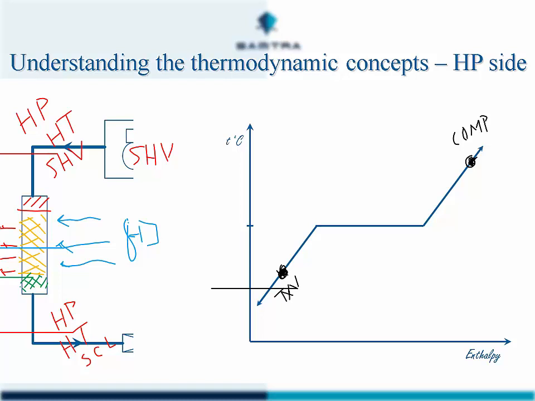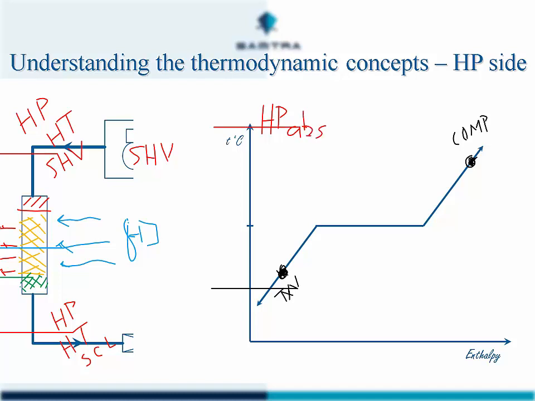The TXV receives the subcooled liquid at a high pressure and a high temperature. Okay, so the high pressure we're going to get from our system by means of a pressure gauge, but we need to remember that this is an absolute pressure.